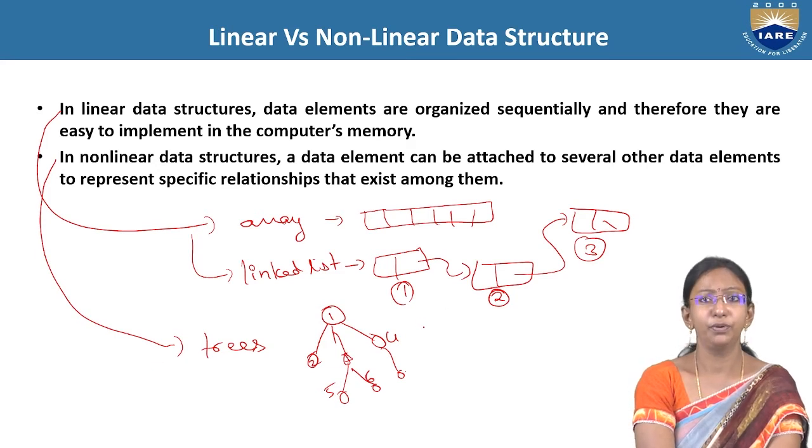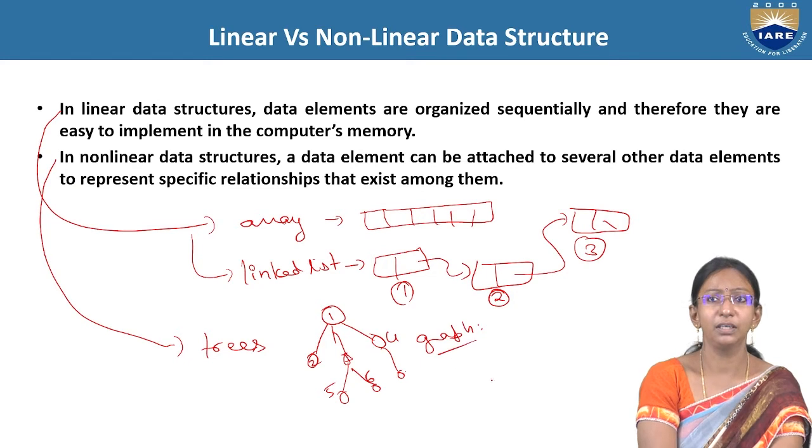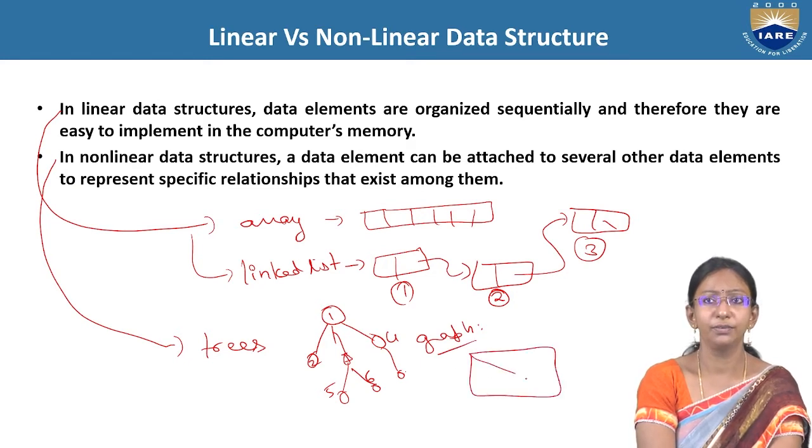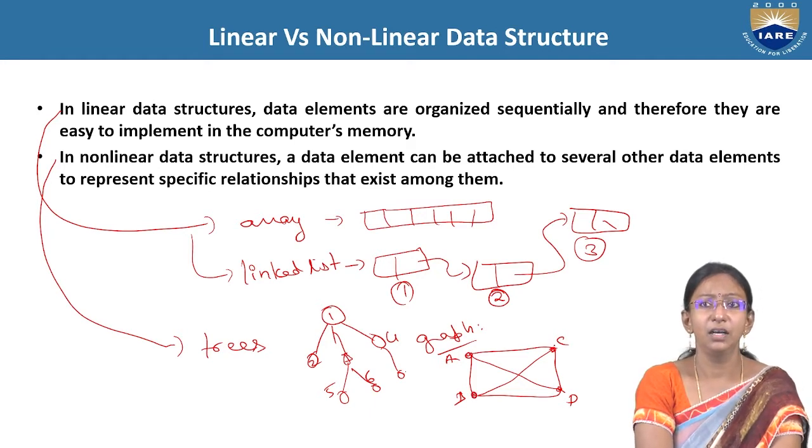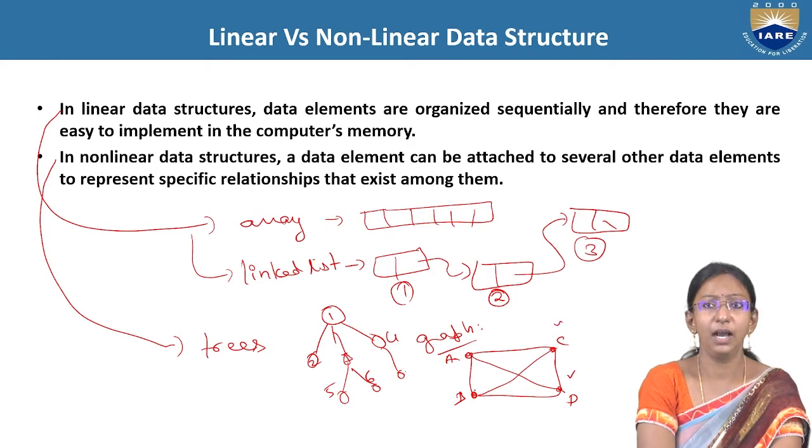One more type of nonlinear structure is a graph, right? Let's have a look at a small graph. If A, B, C, D are the vertices of a graph, then you can clearly see that A has 3 neighbors, C, D and B. When you talk in terms of C, it is related to A, B and D, 3 different nodes.